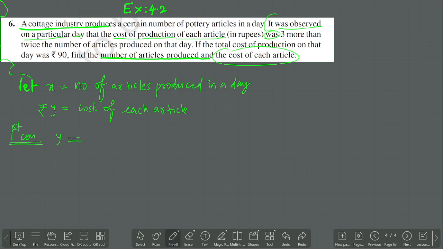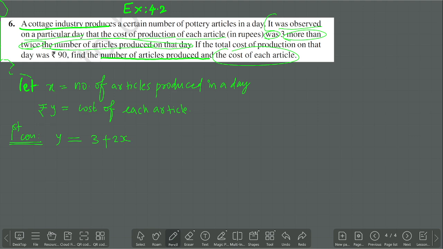Is, was, will, everything you have to give equal. 3 more than means we have to add. More than twice, so 2 times the number of articles produced on the particular day, that means x. Do you understand the concept?